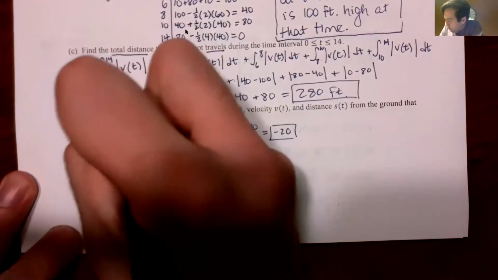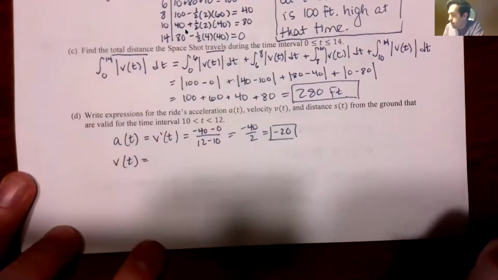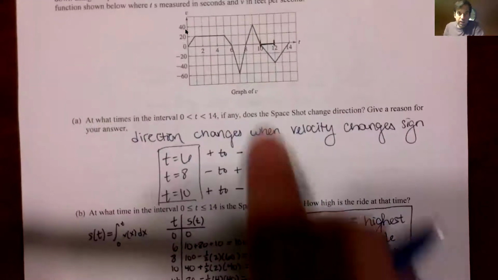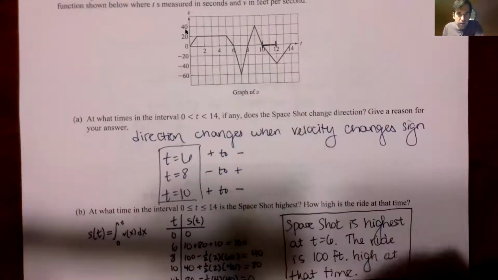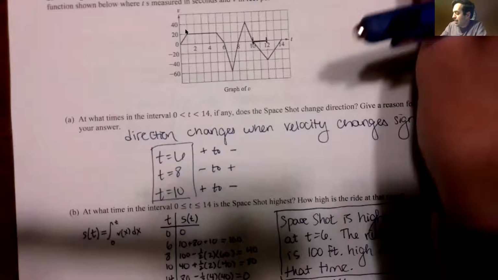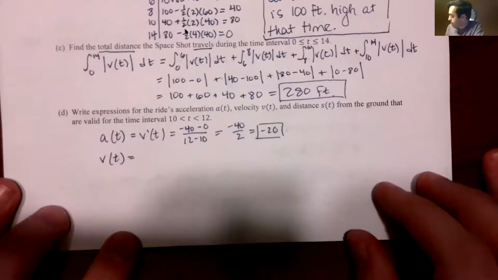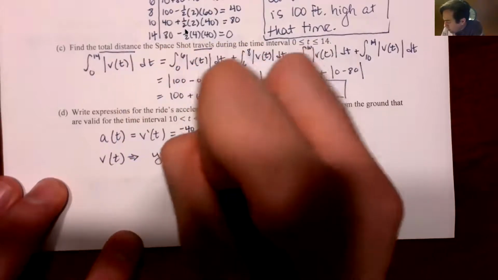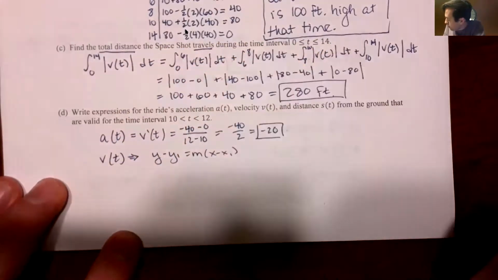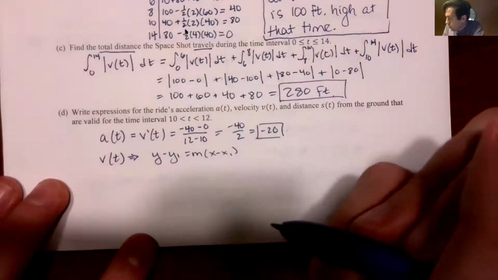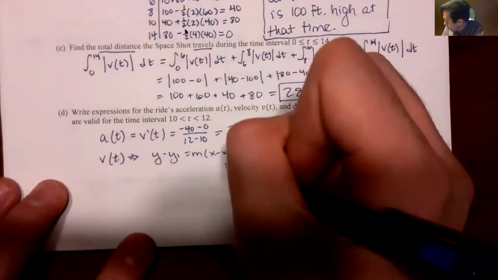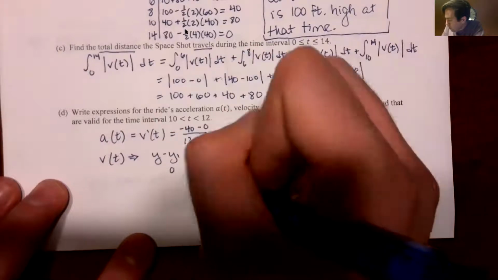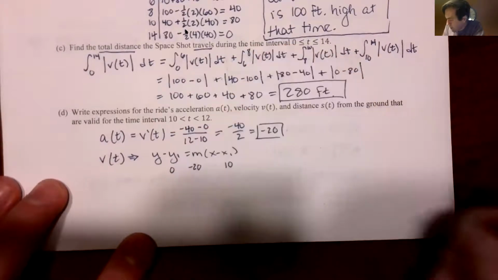All right, for v of t, the velocity function that's going to be true just for this interval is a line. So we already know the slope of that line is -20. I'm going to use y minus y1 equals m times x minus x1, our point-slope form. We'll plug in the point (10, 0) and our slope of -20 and see what happens.